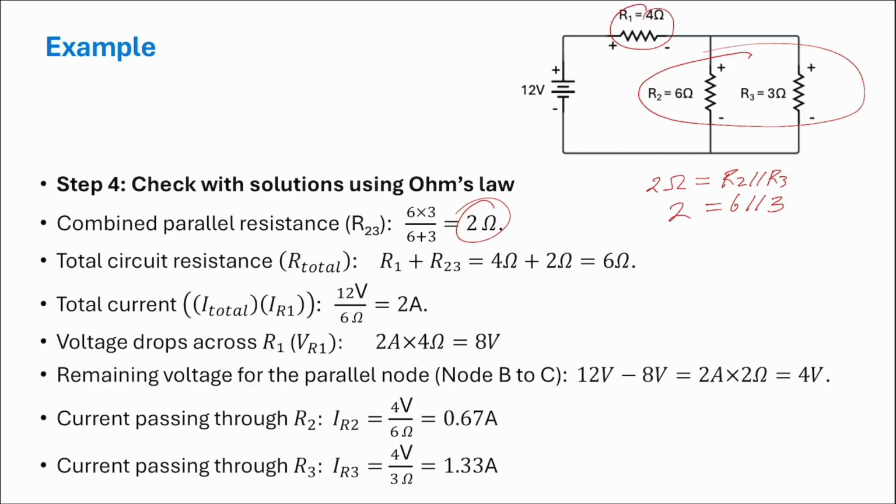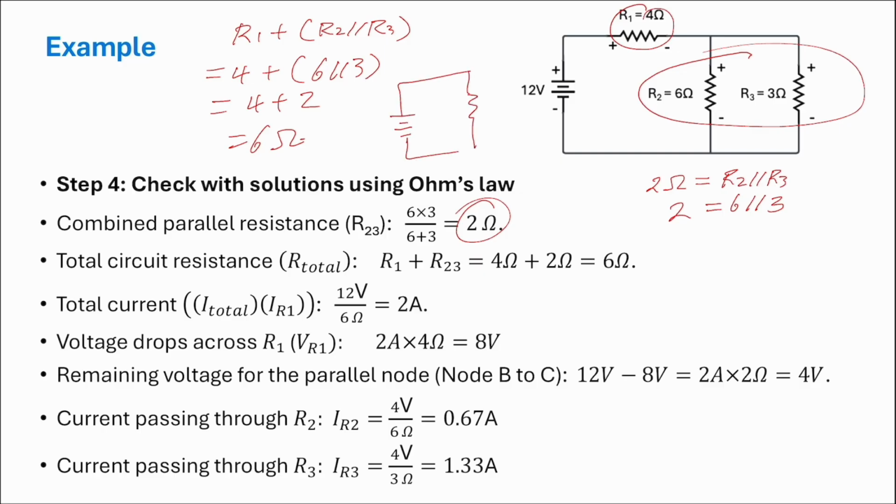It means this circuit is R1 plus R2 parallel R3. The total resistance is 4 plus 6 parallel 3, which is 4 plus 2, so 6 ohm. So this circuit can be reduced into just one resistor. This is the total, and this is 6 ohm.